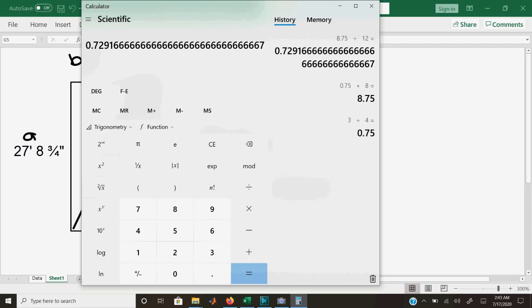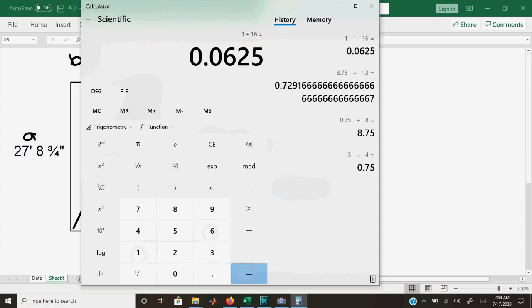And I'll need that because the tape measures do not have decimal feet. So I want to know how many decimal places I need for 1/16 of an inch. So I take 1 divided by 16, and I get 0.0625. So I know I need 4 decimal places.